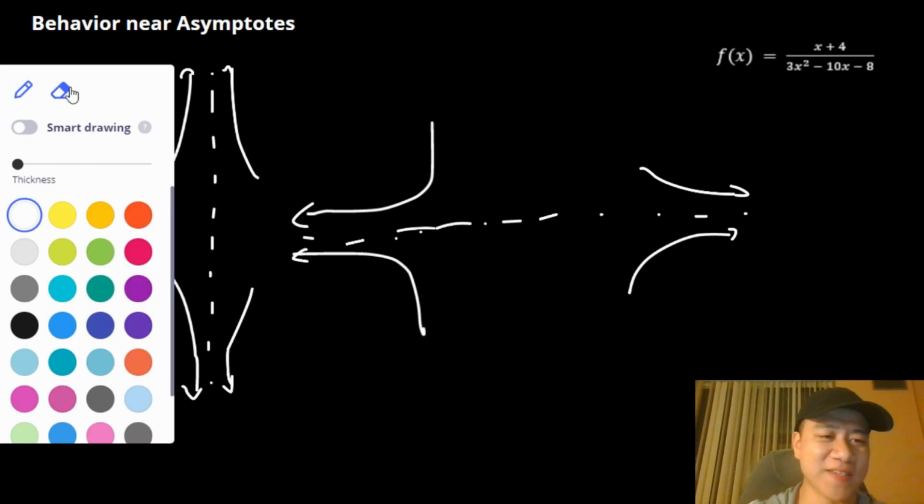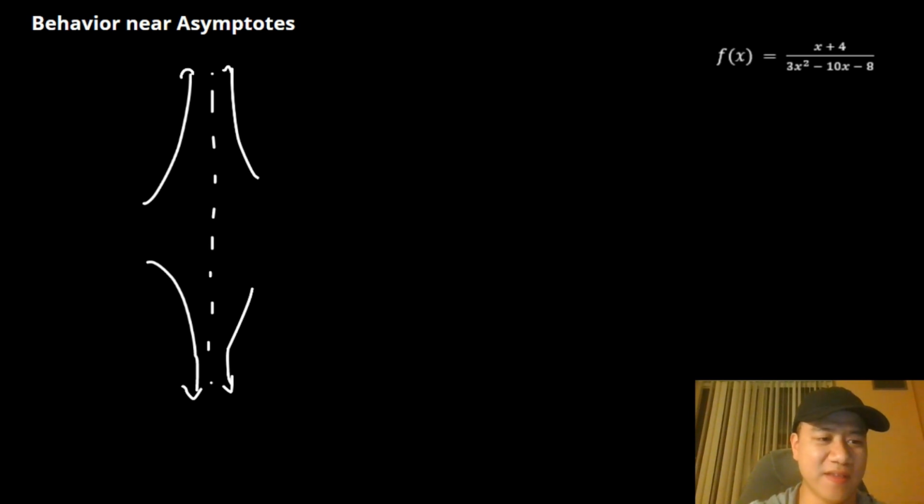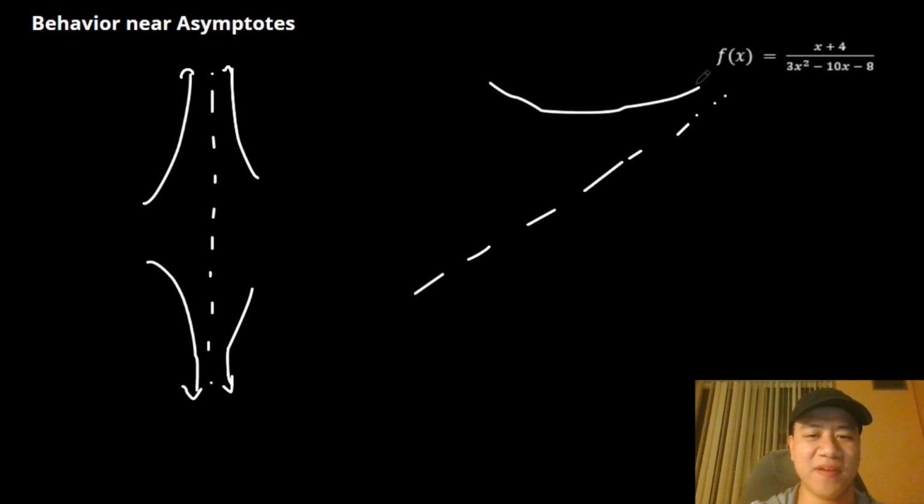For an oblique asymptote, it's similar in a sense. If we draw our line like this, a diagonal line, we know the function is going to get close to it, but is it going to shoot this way or this way when x goes to positive infinity?